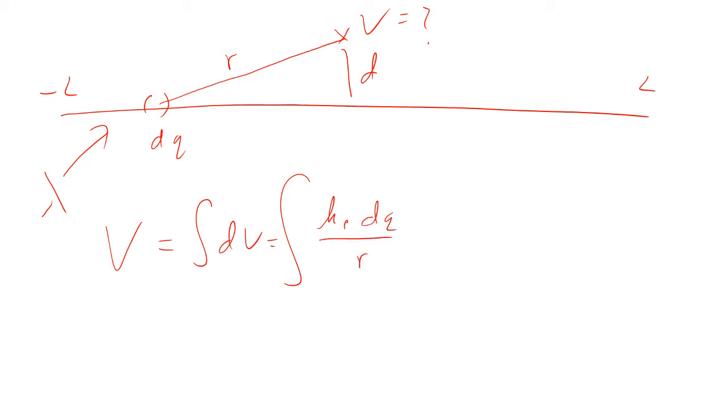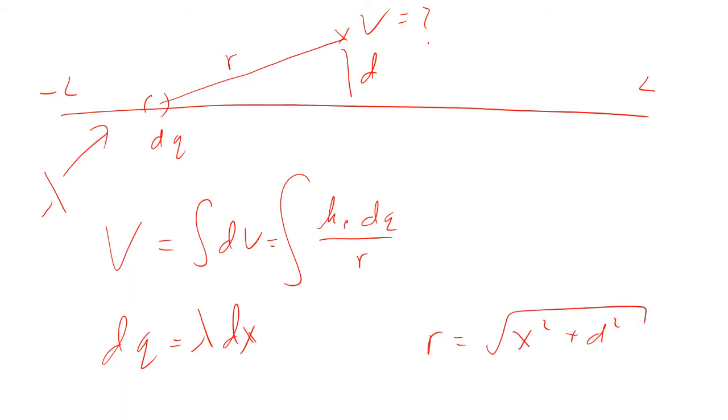We need to know what dq is. Well, dq is lambda dx. This is straight from chapter 22, so nothing different there. What is r? r is going to be the square root of x squared plus d squared, because there's x. And we're going to go from minus L to L.